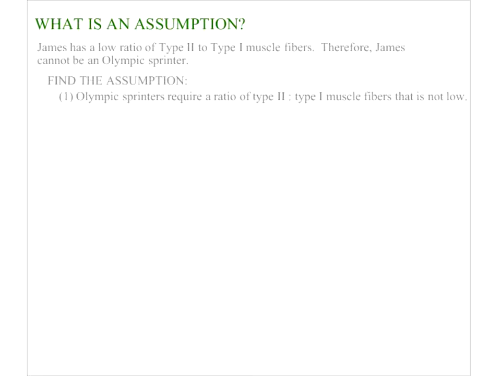For those of you who just got here, we're doing find the assumption in critical reasoning. This is a quick intro before we actually get into the meat of what find the assumption is. So here's the story. I'm going to give you A through C multiple choices.